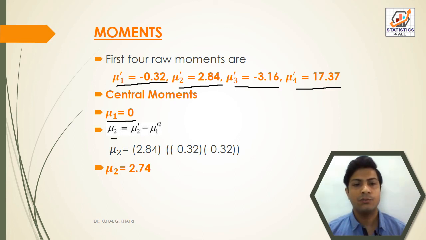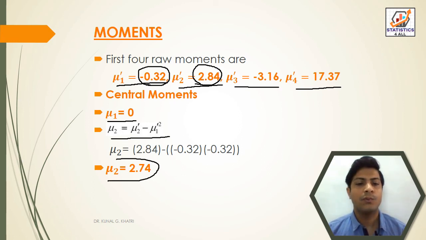Mu 2 is equal to mu 2 dash minus mu 1 dash square. So mu 2 dash is 2.84 minus mu 1 dash square. So we'll take the square of minus 0.32. So by solving this we get mu 2 equal to 2.74.